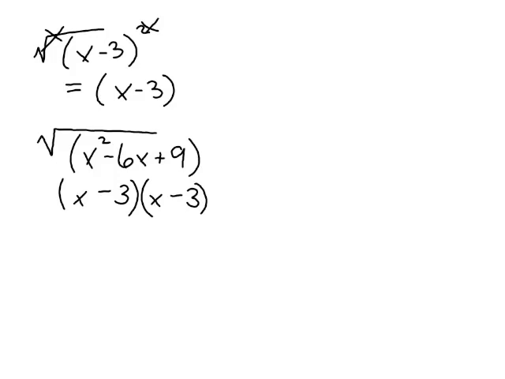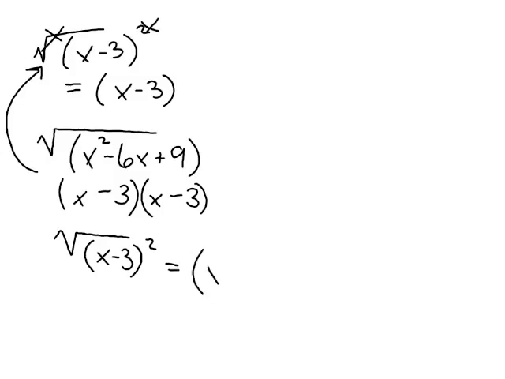Negatives both. So this is just another way of writing that exactly, right? It's x minus 3 squared. So I could rewrite that then as the square root of x minus 3 squared. So then my square root sign and my squared cancel out. And I'm left with, again, x minus 3.